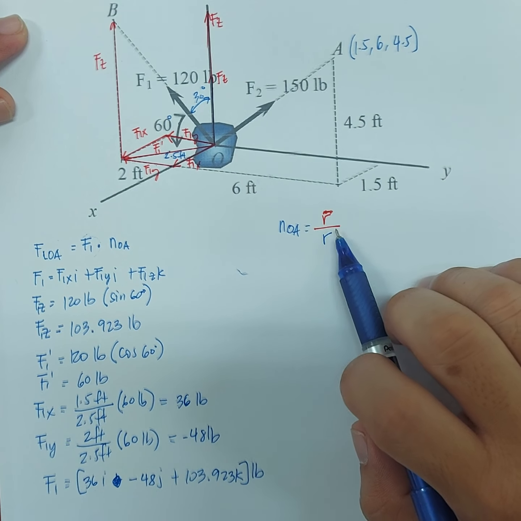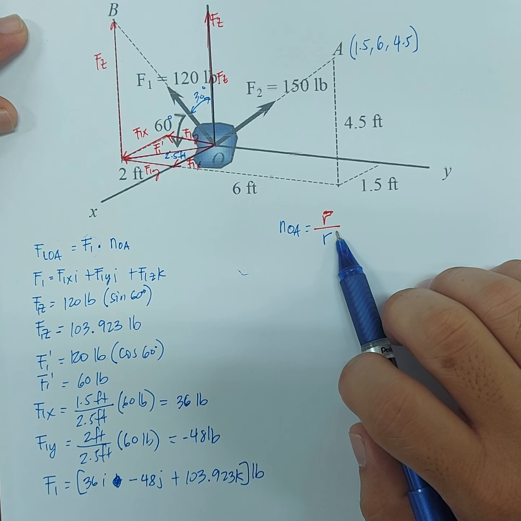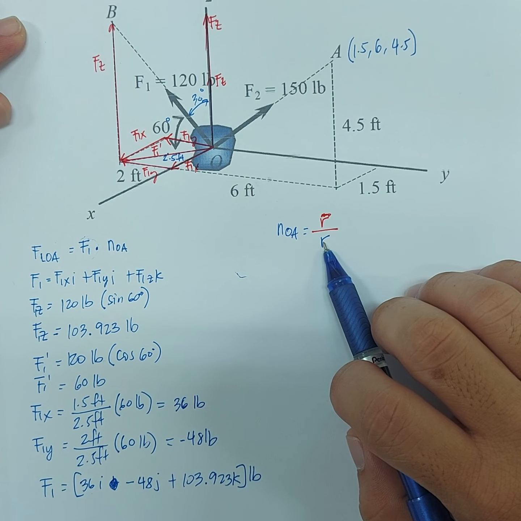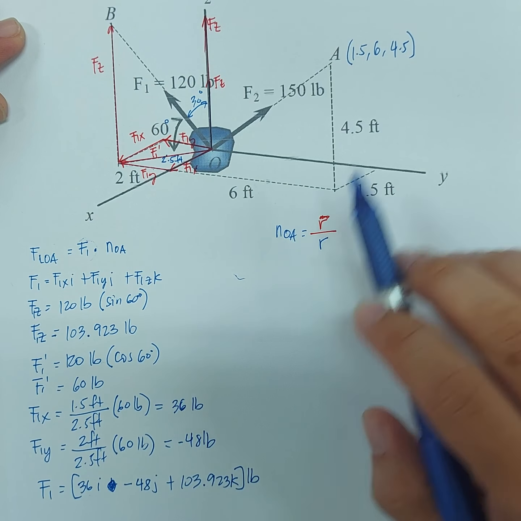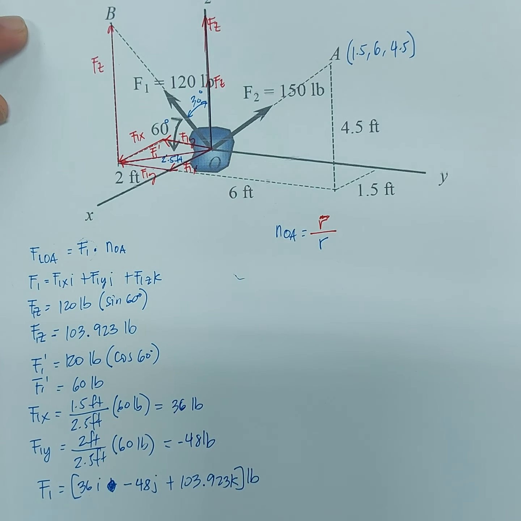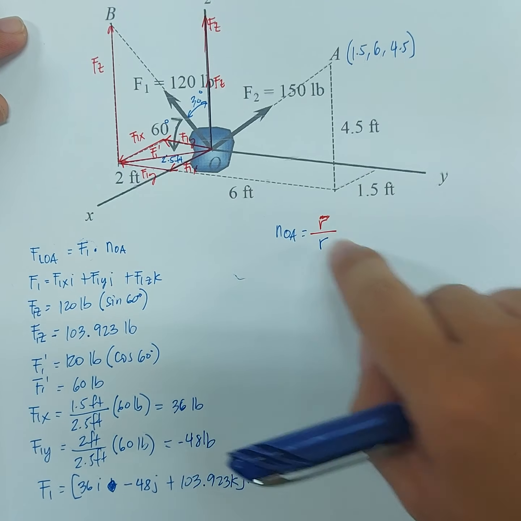Sa module natin, R is in bold. R, yung small letter r na sa denominator is the distance between the points O and A in this particular problem. So, idiretso na lang natin.